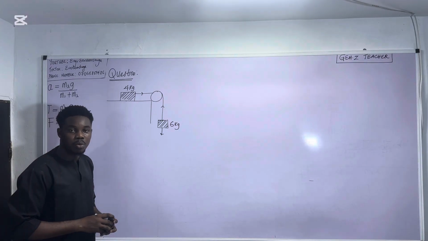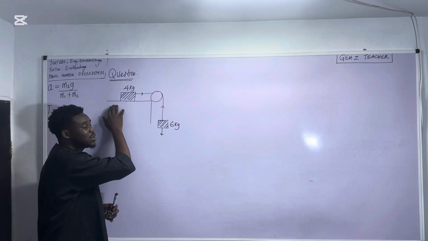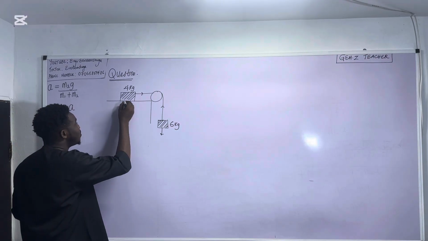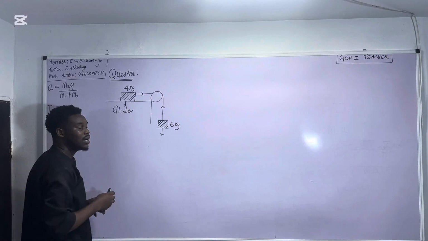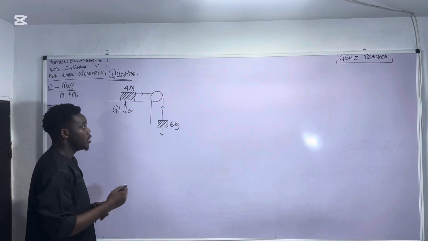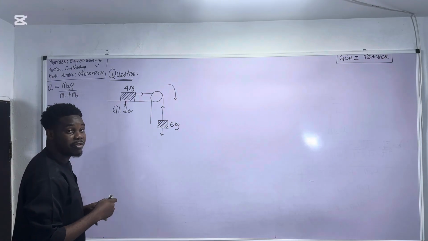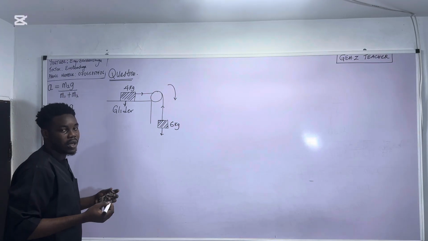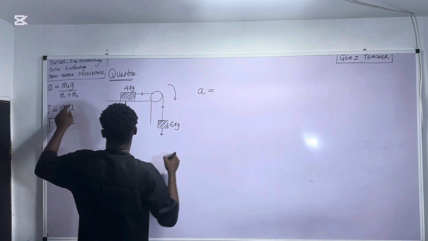Most times in questions, you might not be told it is resting on a platform. This mass can also be called a glider. Why? It can glide on the platform. Since the motion is in this direction, what we did before remains the same. How do we find A? A will just be equal to M2G.